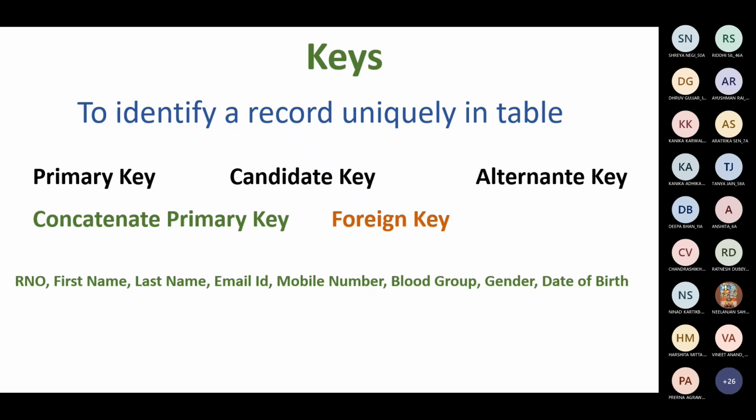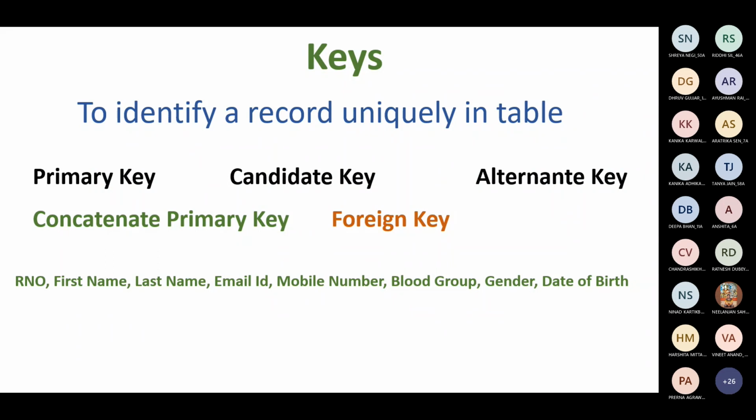Exactly. See, a relational database is a concept where you will be having a number of data tables. Database is a collection of tables. So you might be having different tables in your database.